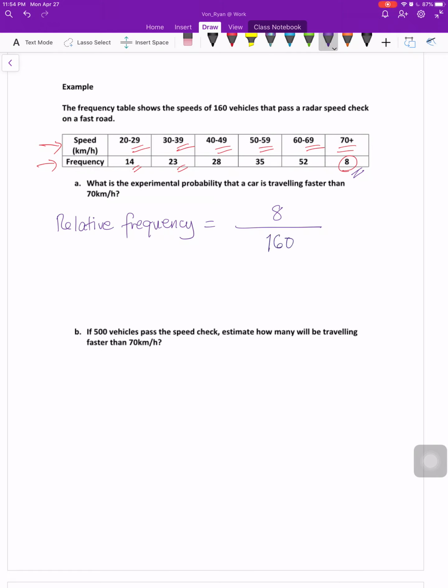So it's 8 over 160, and 8 over 160 is 1 over 20, and so that is our experimental probability.